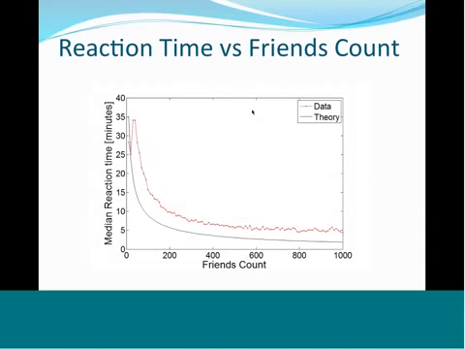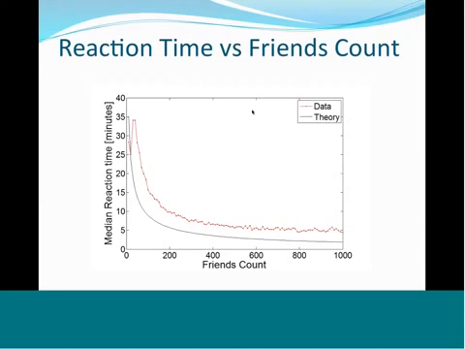Now why does it drop? Well, it drops because if you have a lot of friends, you can't even see a tweet that's old. It's out of your window, so you don't see it. So when you do retweet something, it had to have been a fast retweet because you caught it before it was pushed out. So that's why that intuition matches. And you can see the model curve is off by a factor of 2.